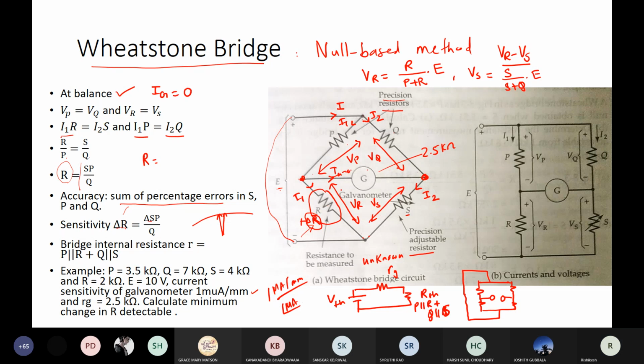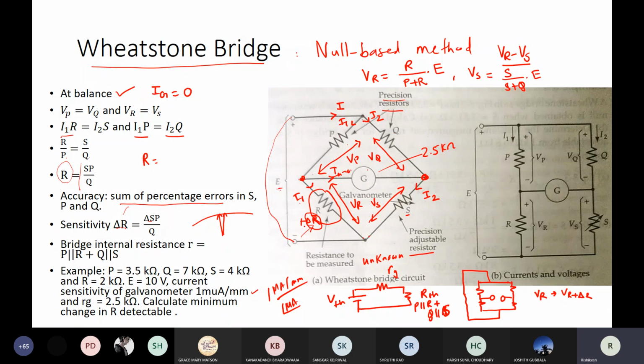So if that current Ig is 1 microampere, that means this VR has actually changed to VR plus delta R, right? Am I correct? Yes, sir.